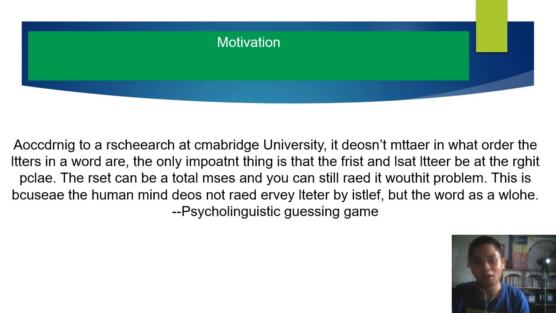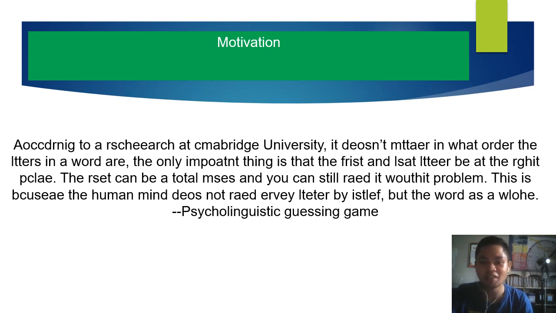All right, so let us read what is written here in the presentation. According to research at Cambridge University, it doesn't matter in what order the letters in a word are. The only important thing is that the first and last letter be at the right place. The rest can be a total mess and you can still read it without problem.